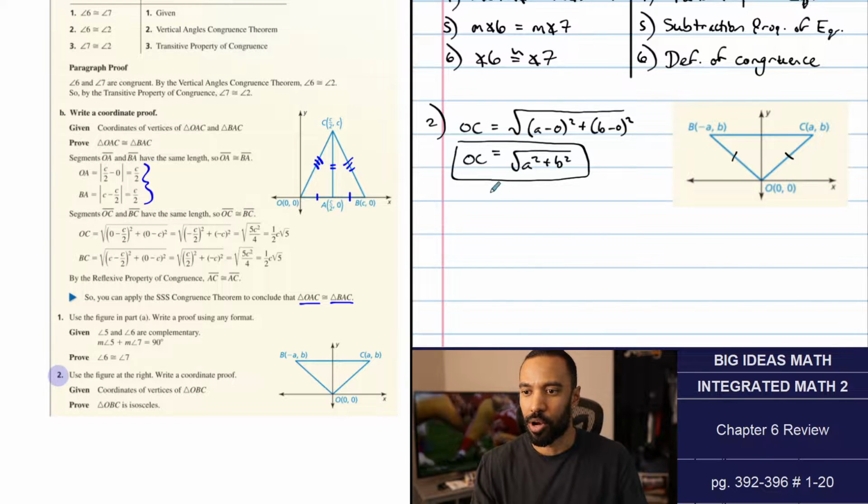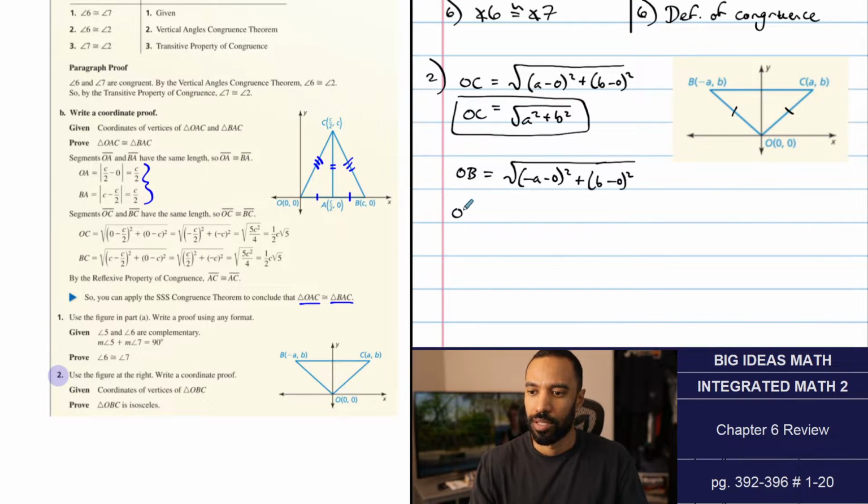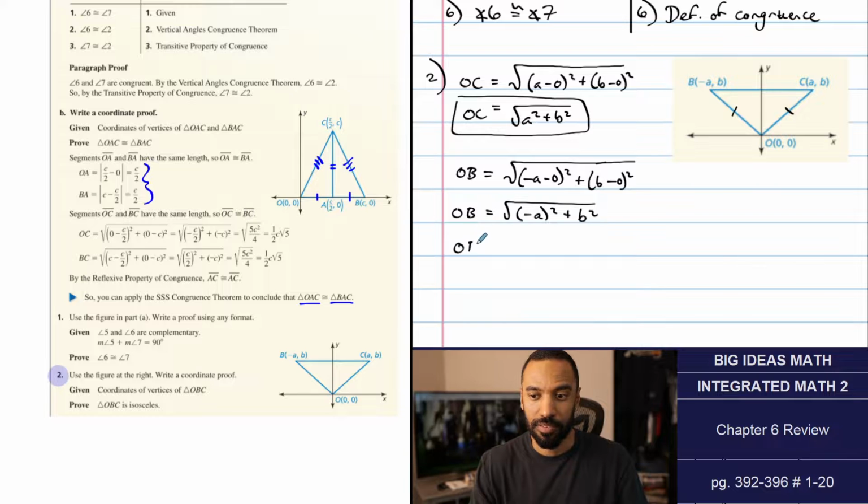Now, the distance from O to B, or the length, is the square root of, now we have negative a minus 0 squared plus b minus 0 squared. Now, negative a minus 0 is negative a. But negative a squared is still a positive a squared, if you know what I mean. Squaring a negative turns positive.